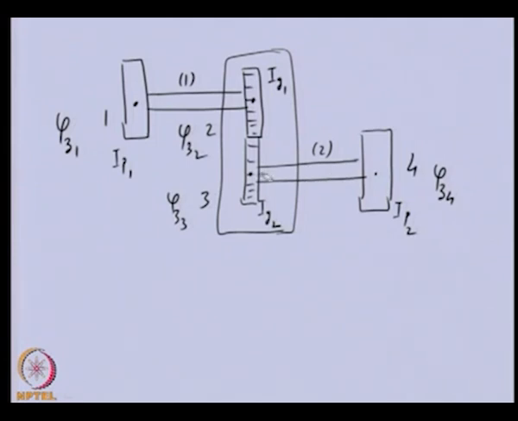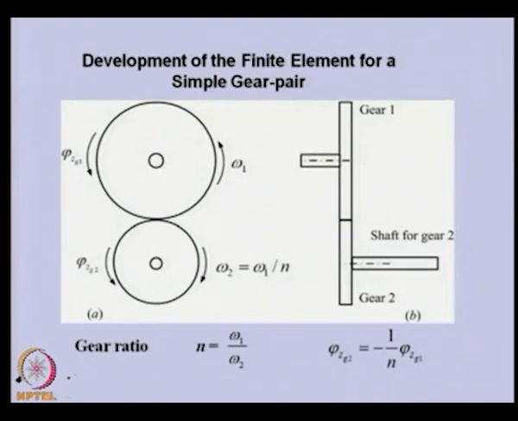So, let us see how we can develop this element equation for the gear pair in the subsequent slide. We have a gear pair with a rotational speed omega 1, and the other gear rotates opposite to that, but its angular speed is related to the previous one by the gear ratio. I am taking the torsional oscillation of this. These are the nominal speeds. These are the torsional oscillation angular displacements.